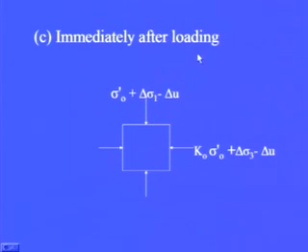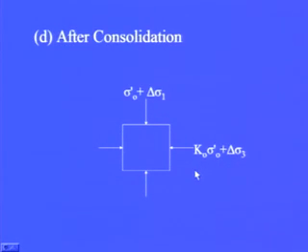Immediately after loading there will be an increase in delta sigma 1. So, this will be sigma 0 dash plus delta sigma 1 minus delta U, and the lateral stress will be K naught sigma 0 dash plus delta sigma 3 minus delta U. After consolidation is over, all that delta U which had increased has dissipated, and that is the excess pore water pressure.